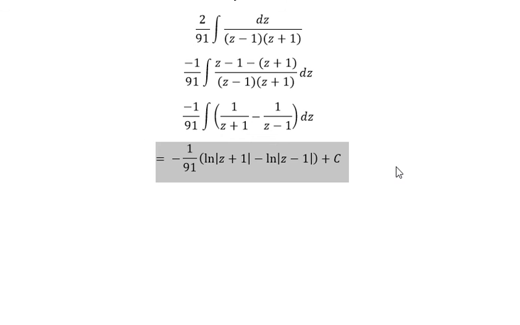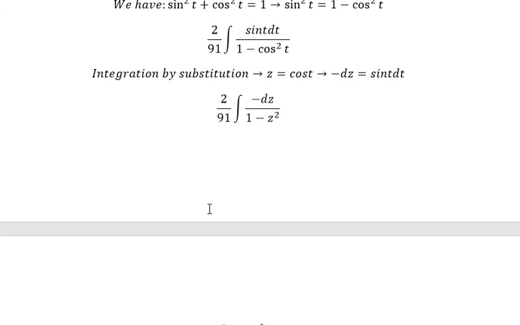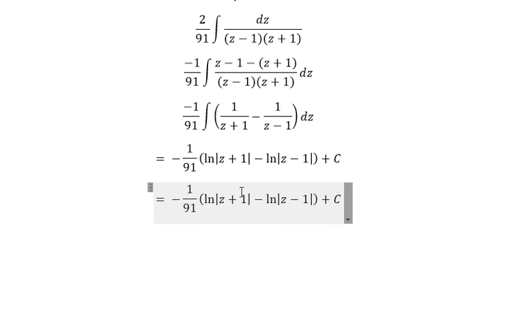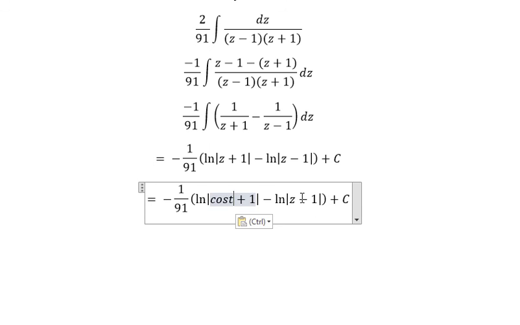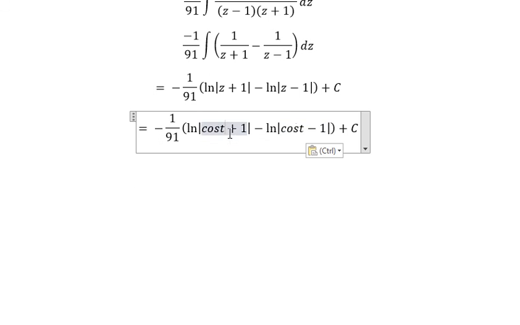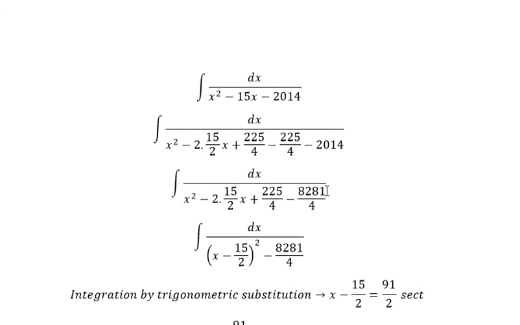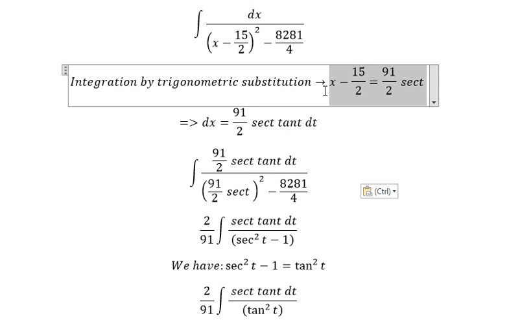About z, we need to change back for cosine t. About t, we need to change back for this one.